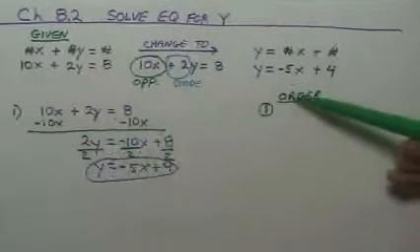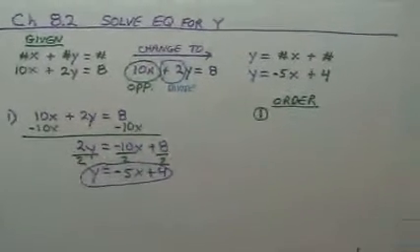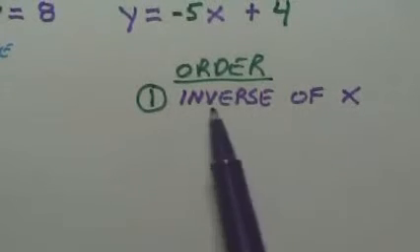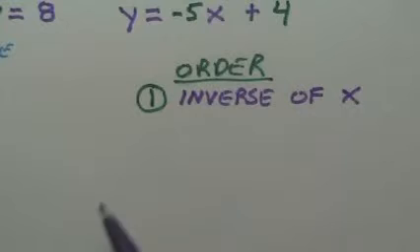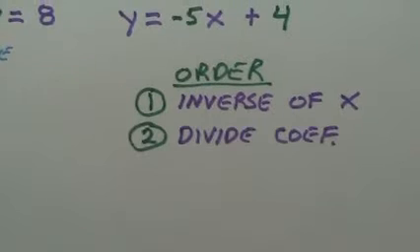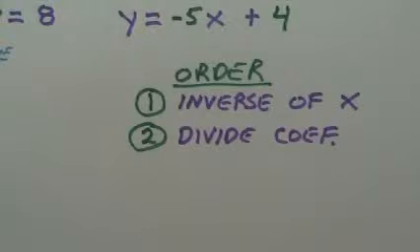Okay, again, for reference, I'm just going to write over here the order that we do things. First thing we're going to do is take the opposite of x, or the inverse of x. Those words are used interchangeably, inverse and opposite. And the next thing we're going to do is divide the coefficient. Remember, coefficient is the number next to the variable.